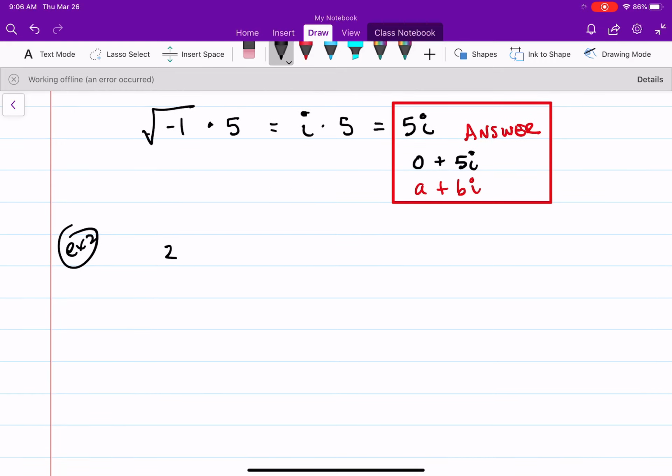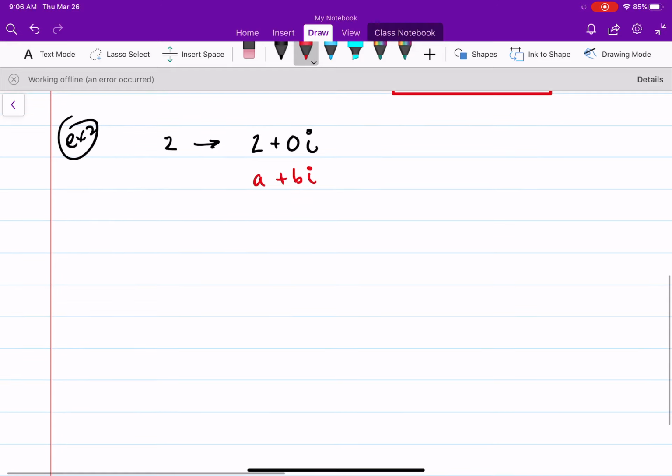So 2 would be my real part, and I want to change that to an a plus bi form. There's no imaginary part, there's just a real part, 2. And since there's no imaginary part, that would be 0i. So that would be my a plus bi form.